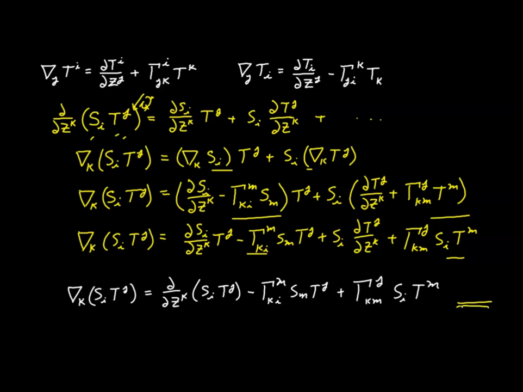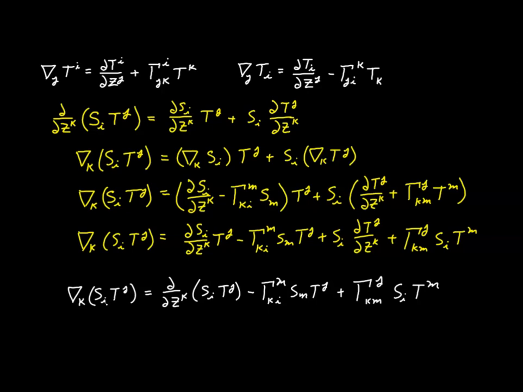In other words, the generalization here is that when we have a product of factors like this, we're going to first take the partial derivative of the entire expression. Then we're going to have a term that looks like this for each of the factors within our expression. And each term, the form of it is going to be governed by whether the index is a lower index or an upper index.